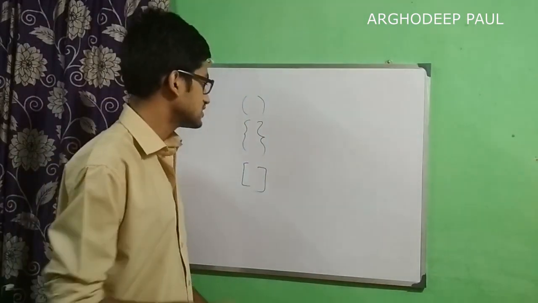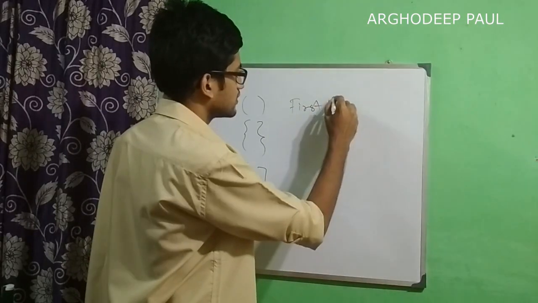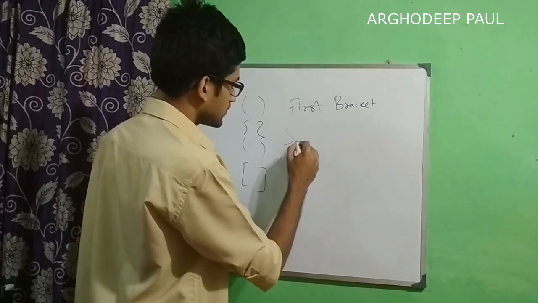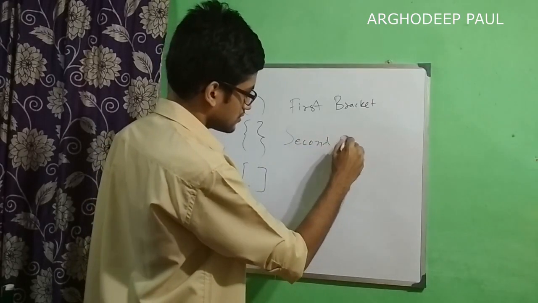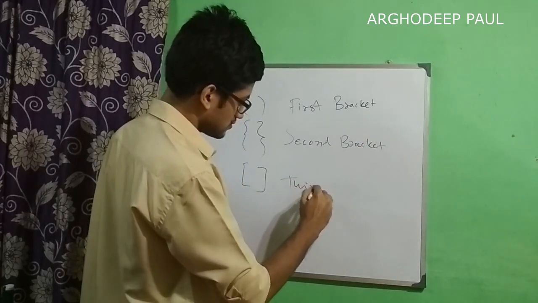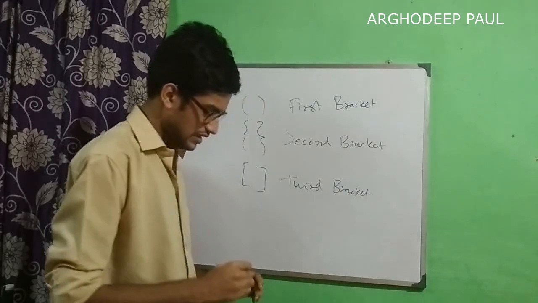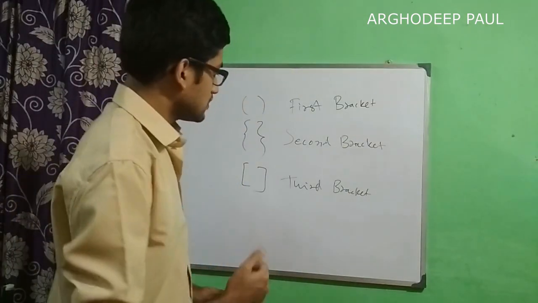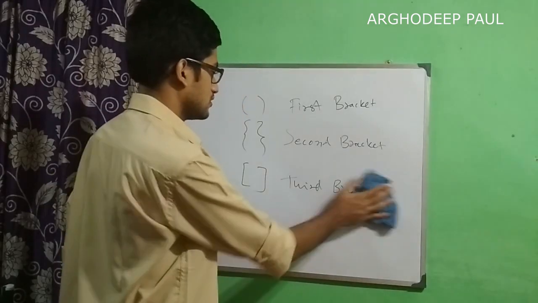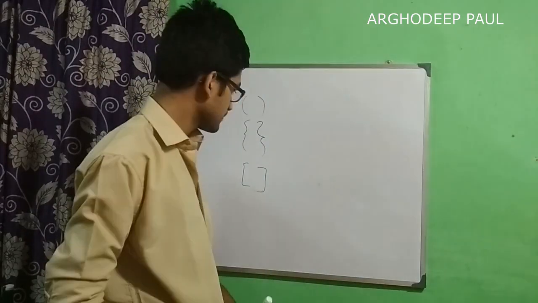In mathematics they were called first bracket, second bracket, and finally the third. But in case of programming, these are not the terms we should call them by.